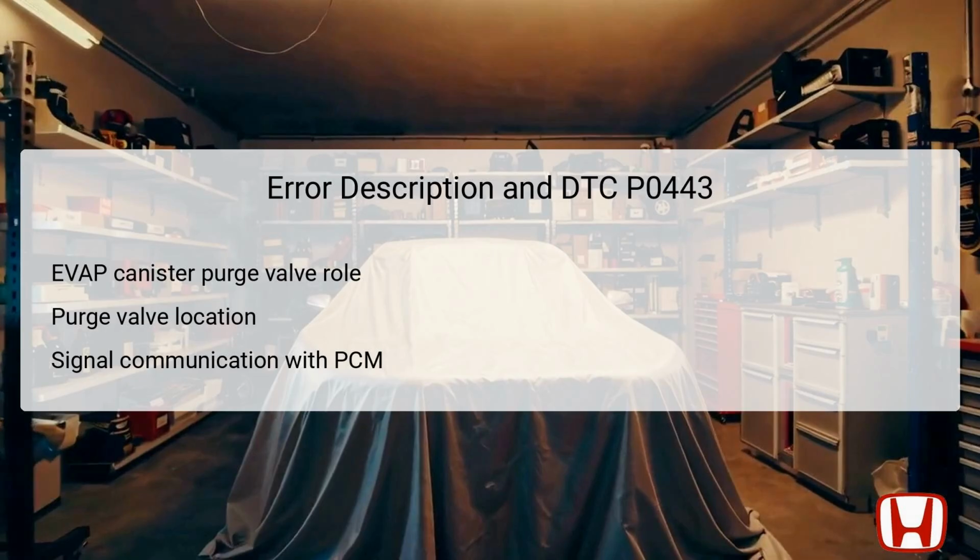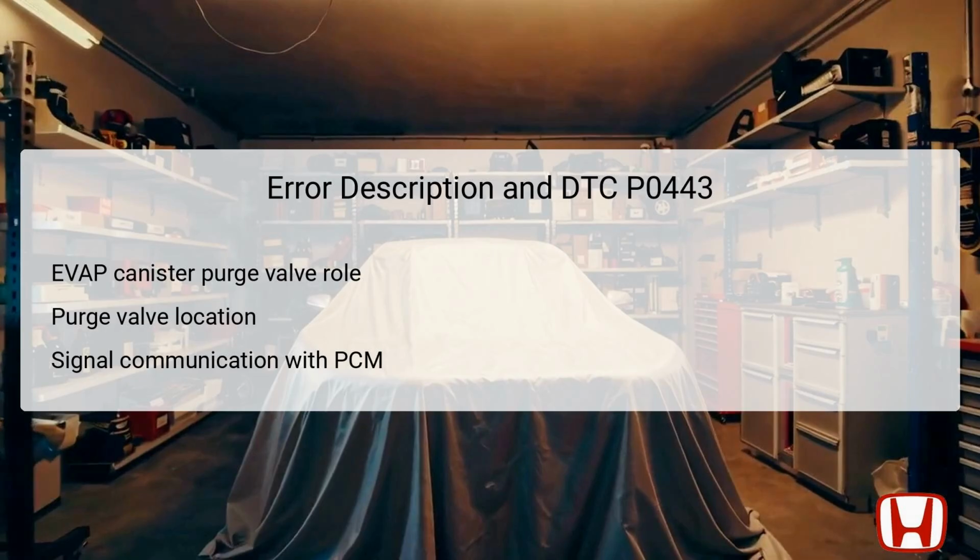The malfunction DTC P0443 indicates that the return signal from the purge valve does not change as expected according to the PCM's output signal. In this specific Honda CR-V model, the purge valve is commonly located on or near the engine compartment, connected to the fuel tank's venting system.